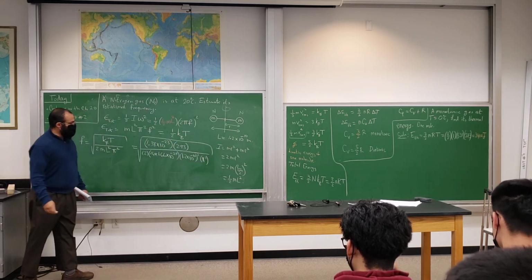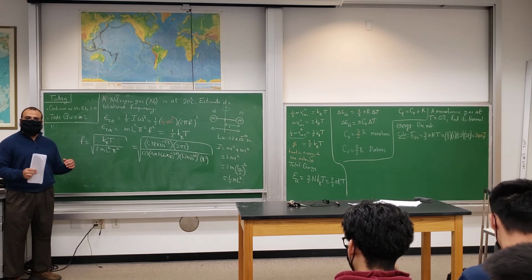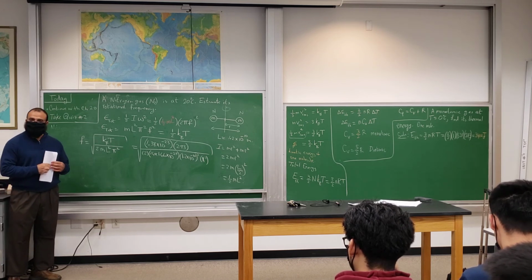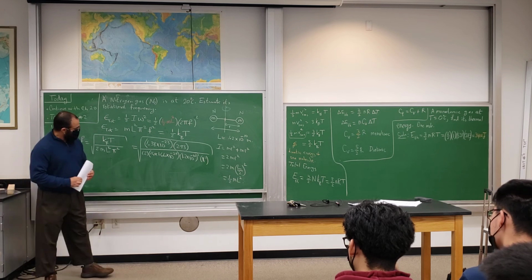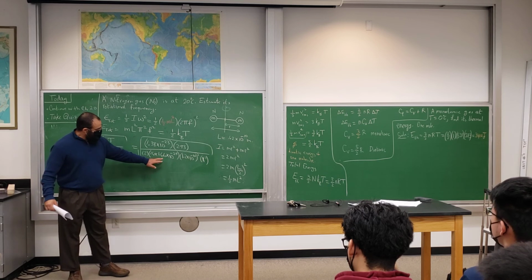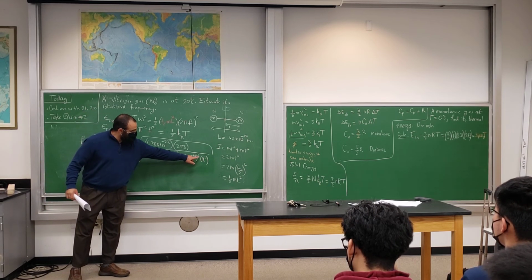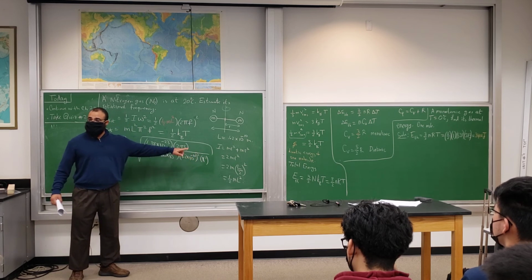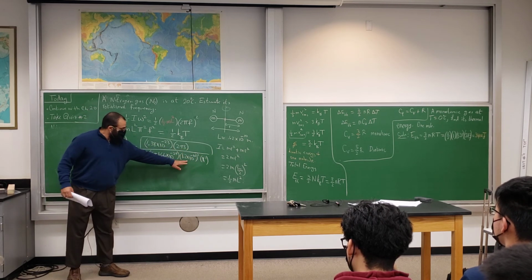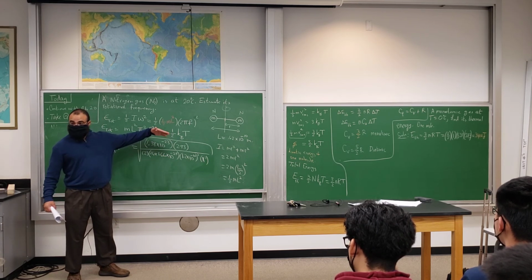Is this going to be a large or a small number? Very large. Let's see. You've got 10 to the minus 23 on top, 10 to the minus 27 on the bottom, and 10 to the minus 10 squared, which is 10 to the minus 20. Times 10 to the minus 27, that's 10 to the minus 47. It goes up, to 10 to the positive 47.